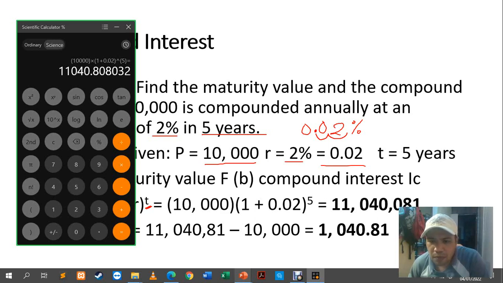Most of the time, we round off to the nearest value, since the decimal or centavo is expected in this part, the 81.